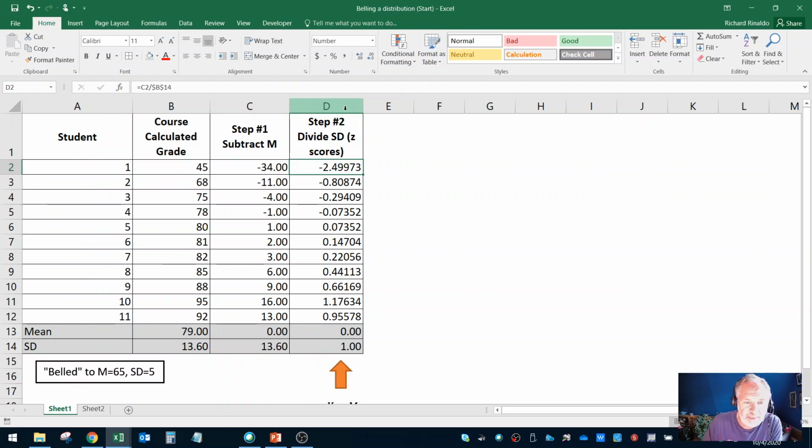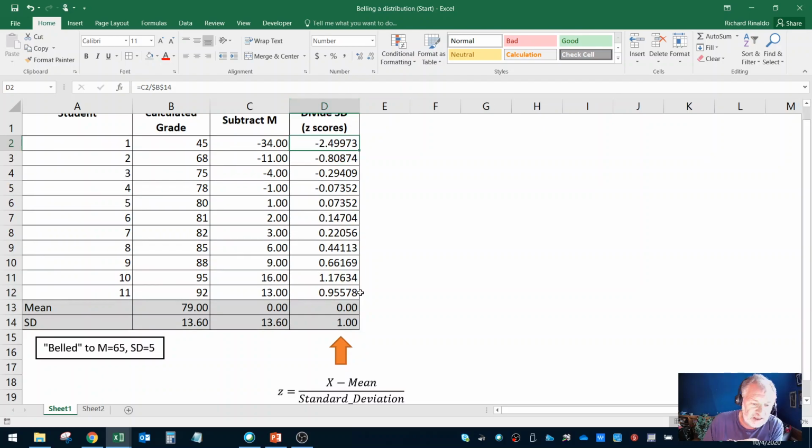That distribution, when I've done step 1 and step 2 to create the z-scores, will always have a mean of 0 and a standard deviation of 1. And they're referred to as standardized scores. We're going to see this a number of times throughout the semester and next.